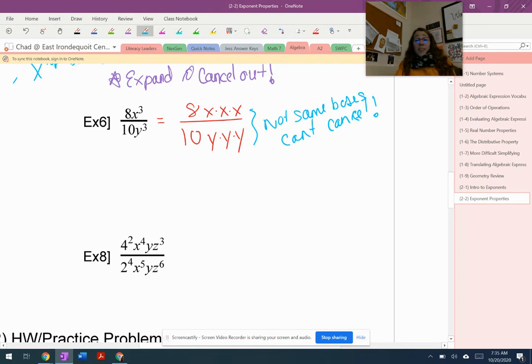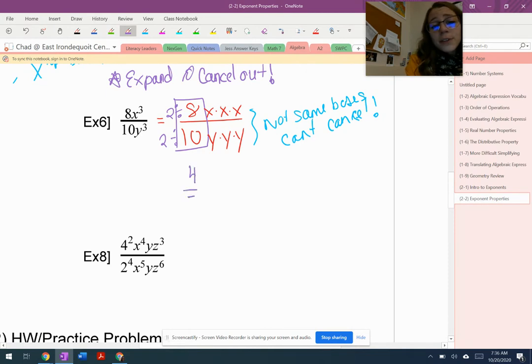But despite all that, there is one thing I can do to this example that does simplify it a little bit. And that is dealing with that 8 divided by 10. You could pull that right into your calculator, and the only thing you need to do is make sure that you keep it a fraction. It needs to not be a decimal. Or you can just simplify that. I know that both of those numbers are divisible by 2. 8 divided by 2 is 4. 10 divided by 2 is 5.